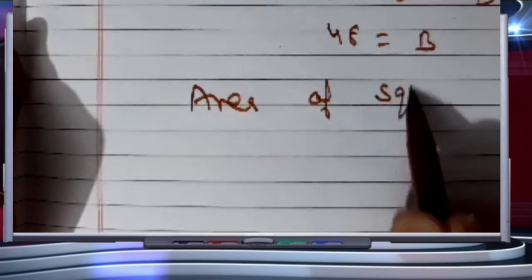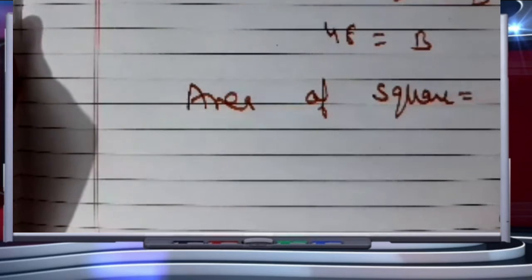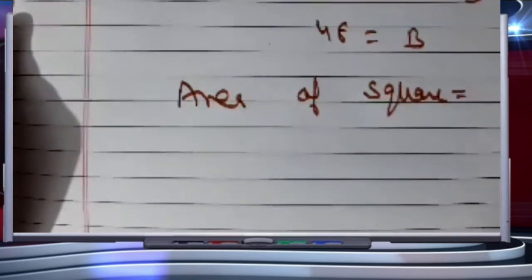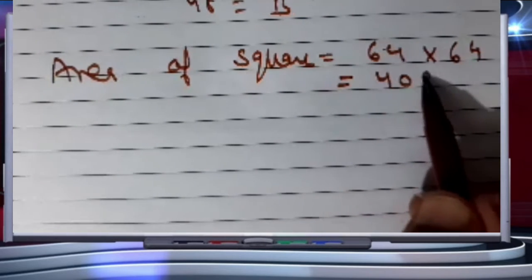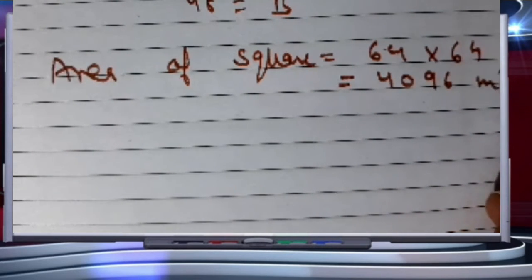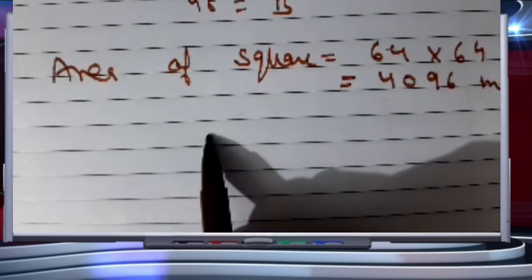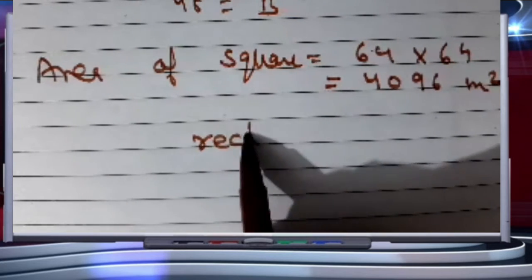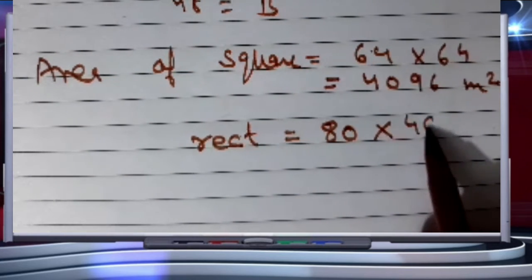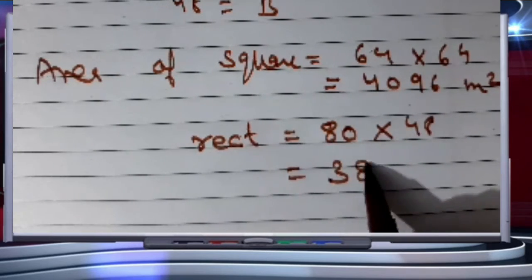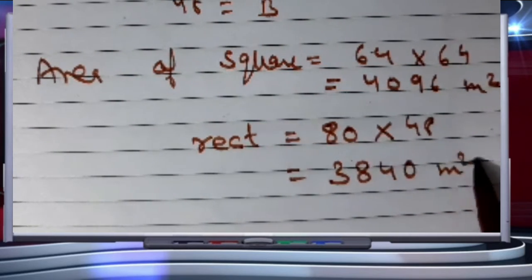Now first we will find out area of square, which is side into side, that is 64 into 64, which is 4096 meter square. And then we will find out area of rectangle, which is length into breadth, which is 80 into 48, which is 3840 meter square.